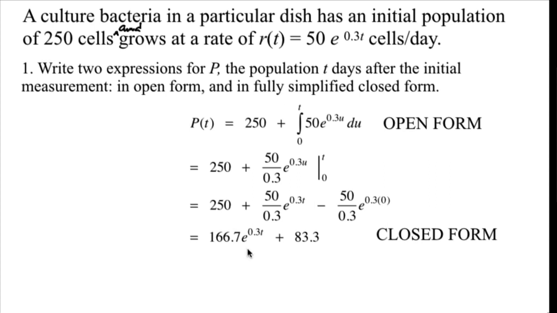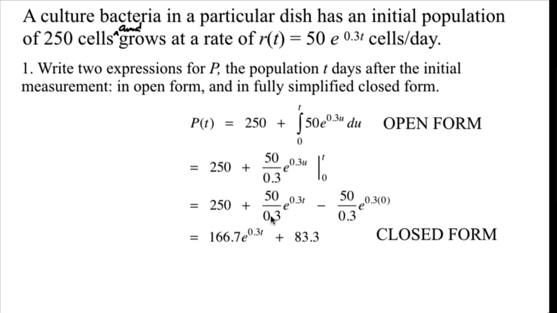Because when t equals 0, this is not 0. So when you plug 0 in, and add it to 83.3, what will you get? That's the 250, or the population at time 0. Do you see that? When you plug 0, so P of 0 will be the 250, the starting amount. But that happens by this being 100 and something when t equals 0 plus the 83.3 gives you the 250.